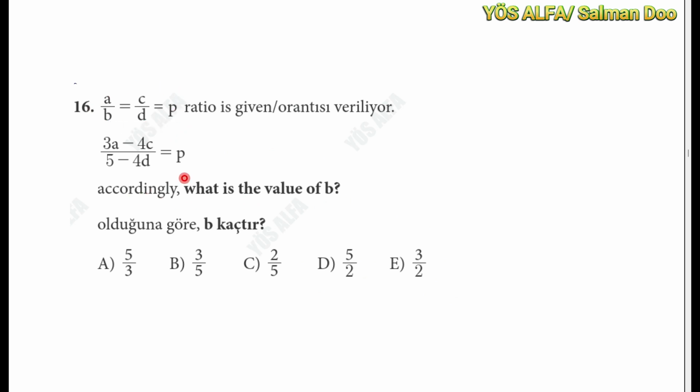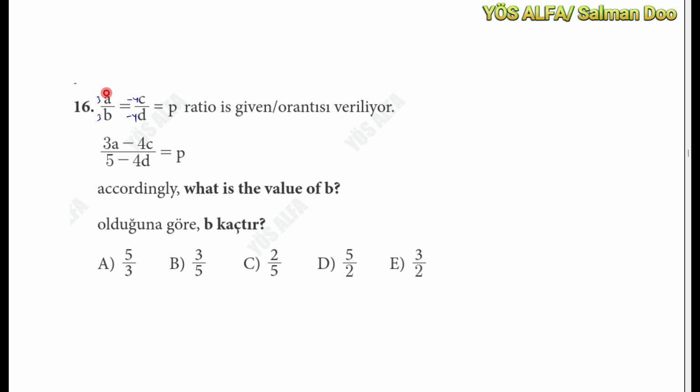This ratio is given. Accordingly, what is the value of b? The first thing we notice is the proportionality constant over here and here are identical. That means we can change this form to that form by multiplying by 3. So if you multiply by 3, you should also multiply the denominator by the same number. Since we have minus 4c, we will multiply the numerator by minus 4 and the denominator by the same number.